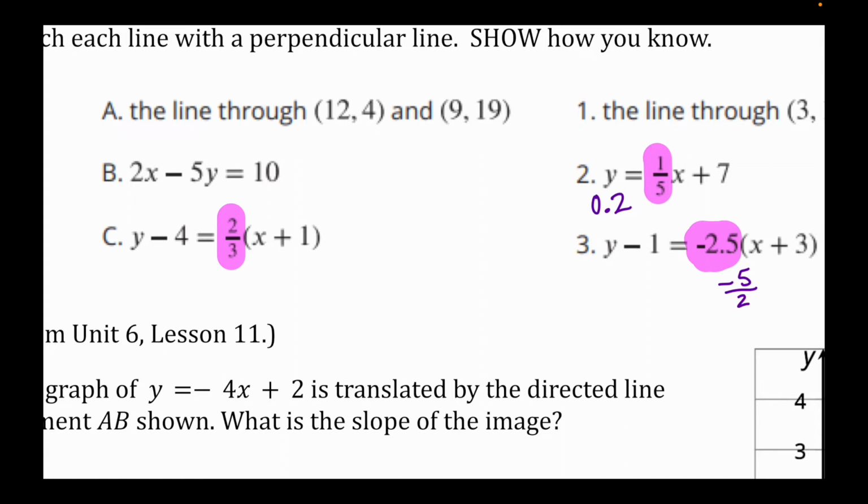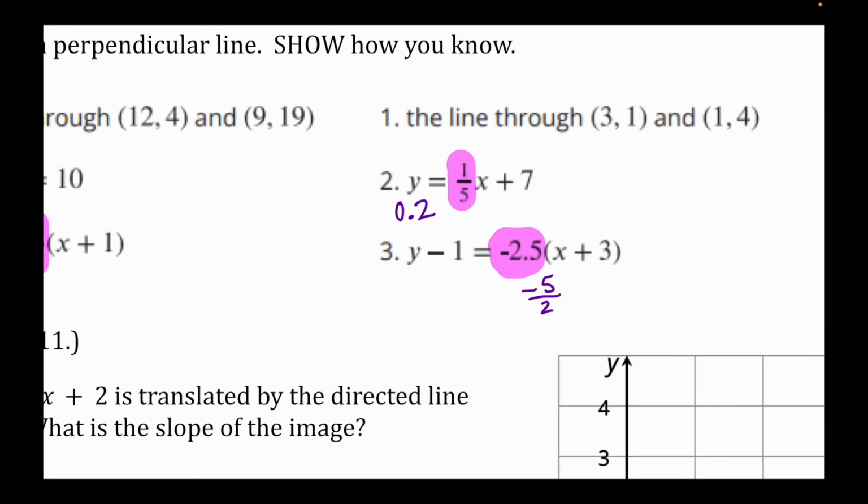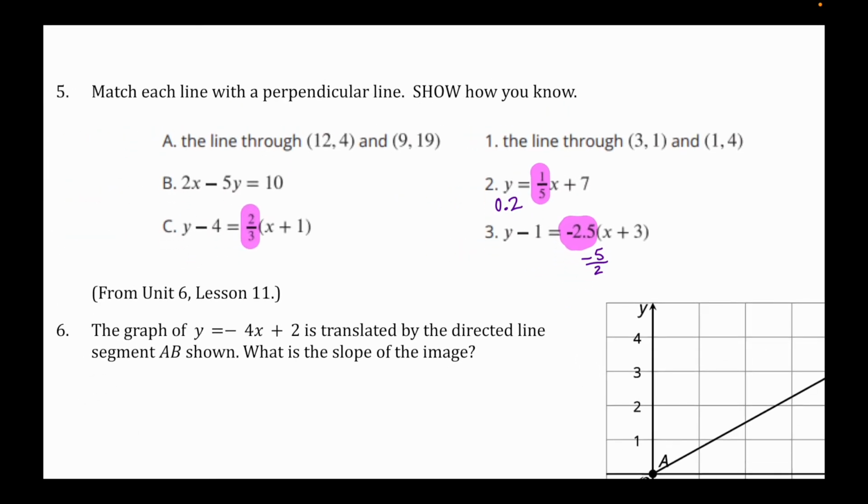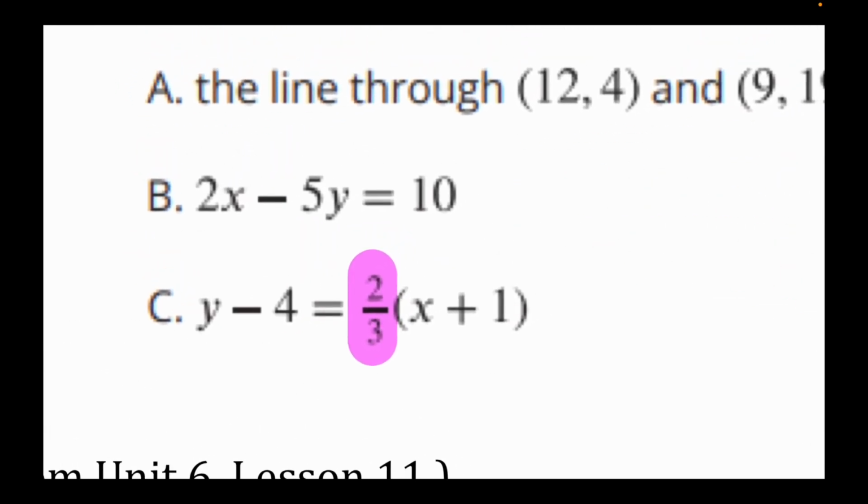So a perpendicular slope for number 2 over here, which is 1/5, would be negative 5 over 1. We're actually going to have to do the slope of the points of A and 1, and we're going to rearrange B. So let's do the rearrange first into slope-intercept form, and then I'll calculate the slopes between the points on A and number 1.